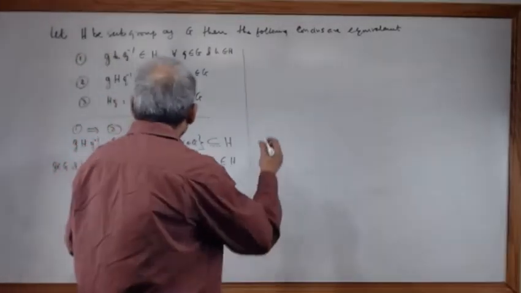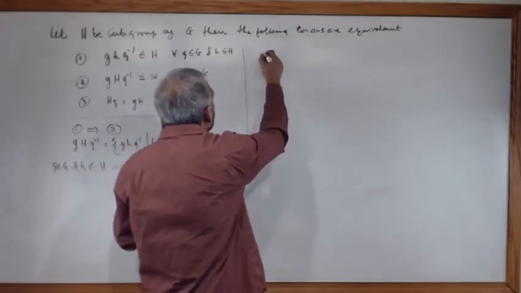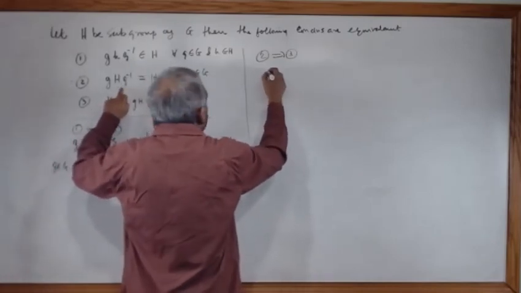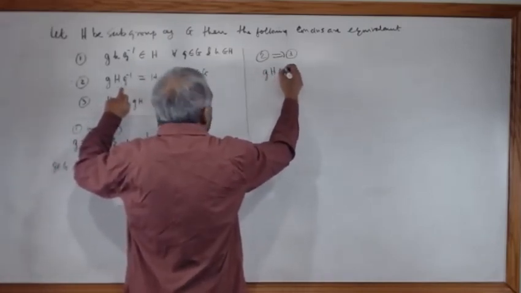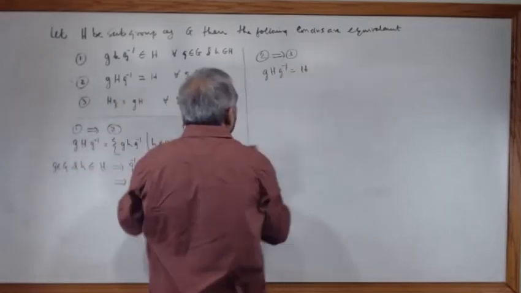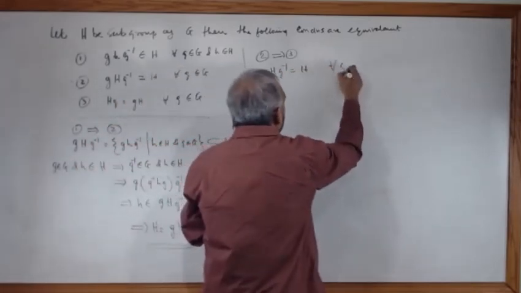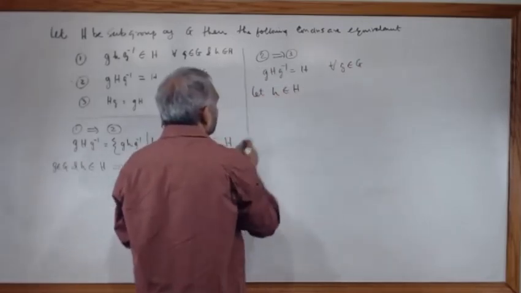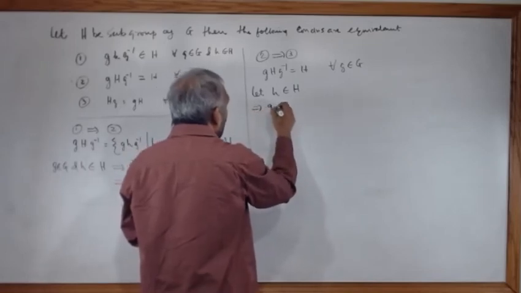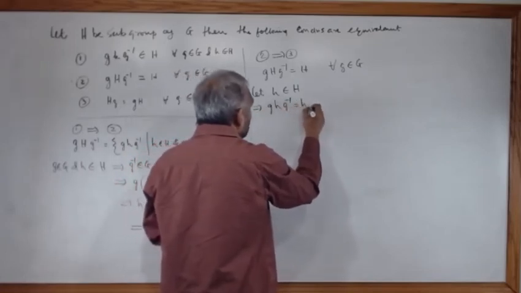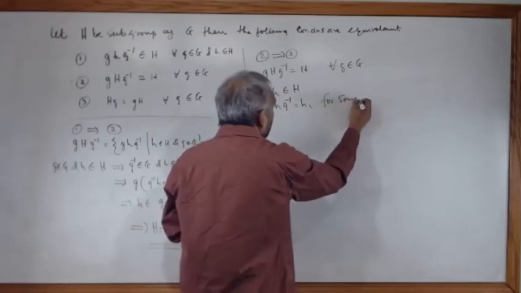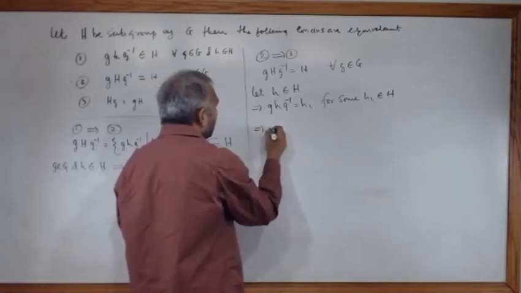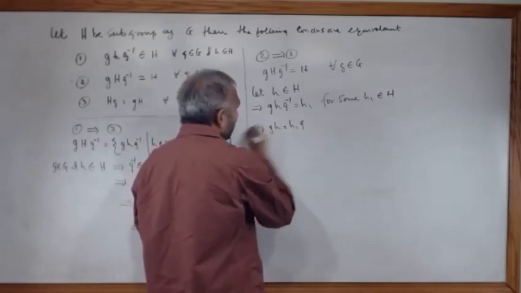Now let us try to prove 2 implies 3. So that means gHg inverse equal to H for all g in G. So let h belongs to H. And that implies ghg inverse is equal to h1 for some h1 in H. And that implies gh is equal to h1g.